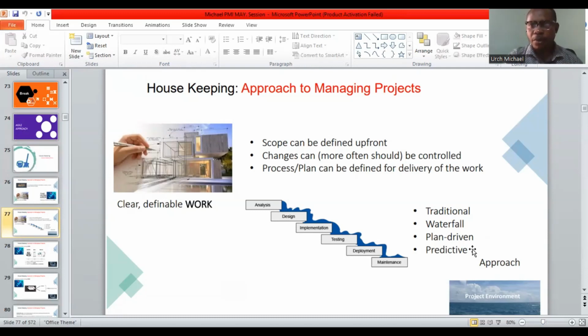All these names are for the predictive approach, where a project has a defined scope that is clearly understood. If that is the case, then you can apply this. For instance, say you have a building project. You want to build a one-room project, and you know so well the price of the materials in the market.